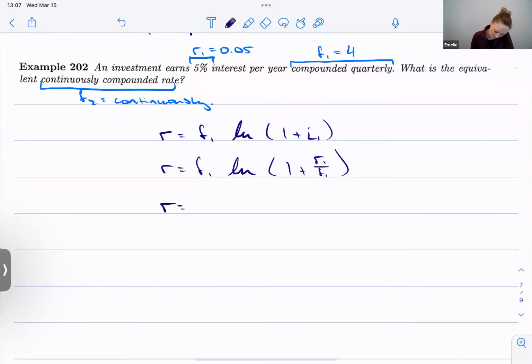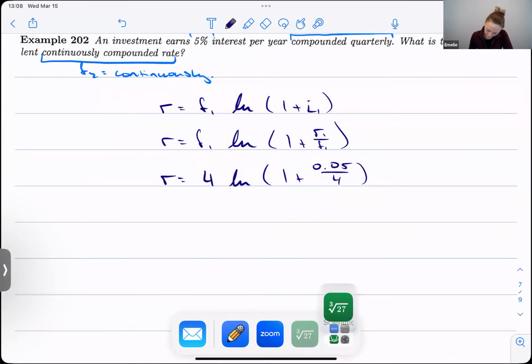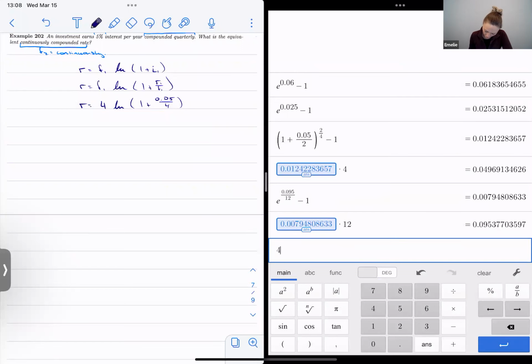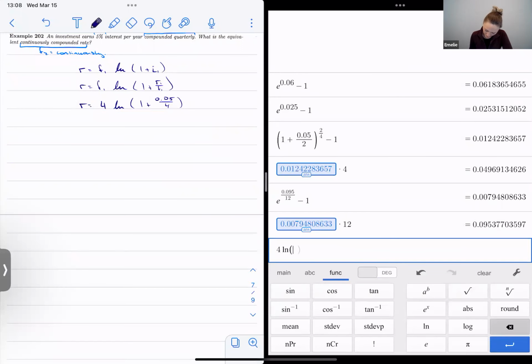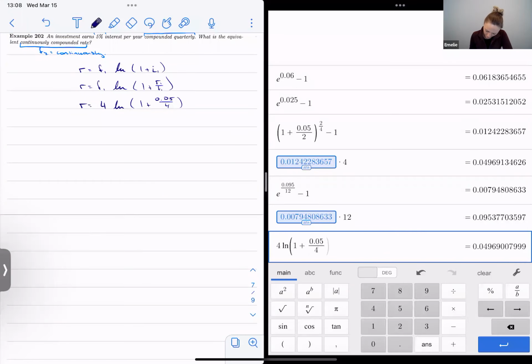So R is 4 times the natural log of 1 plus 0.05 divided by 4.